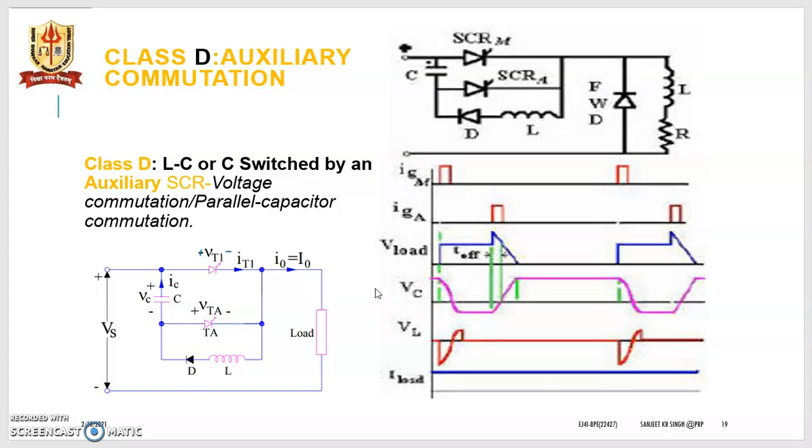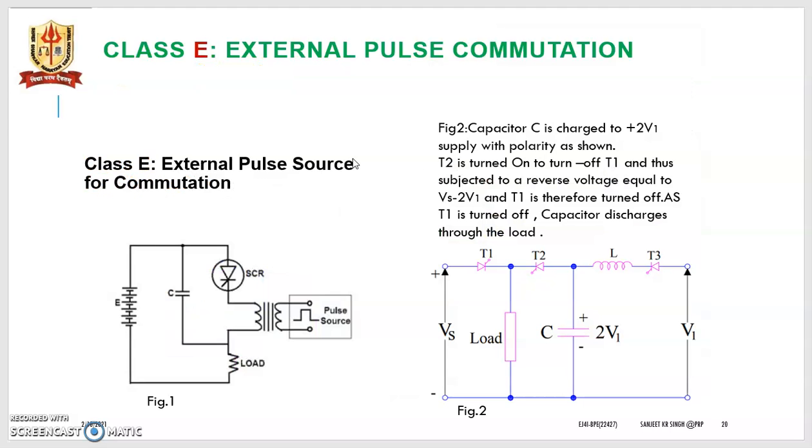So it is also called a parallel capacitor commutation or voltage commutation method. In case of RL load, we generally connect a freewheeling diode here. Then class E, external pulse commutation, where an external pulse is generated. Here we can use this circuit for generation of the pulse, where L and T3 is turned on with the supply V1 that will charge the capacitor to plus twice the supply voltage due to the large value of inductor here.